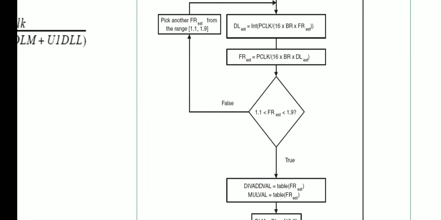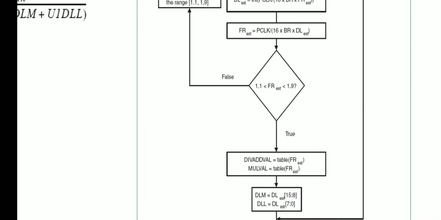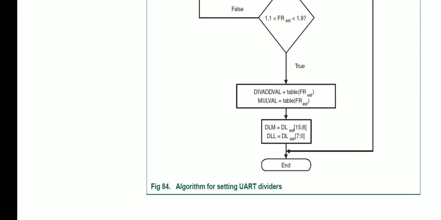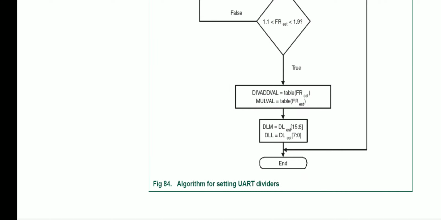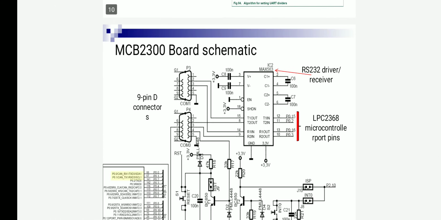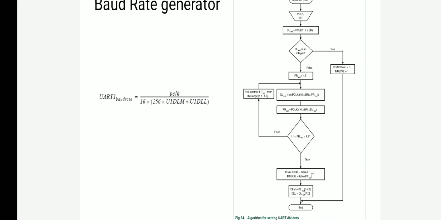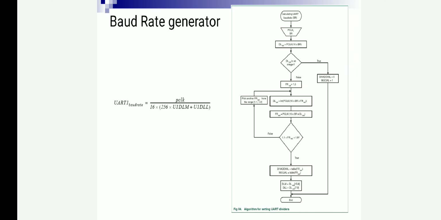If this FR estimated lies between 1.1 and 1.9, if this is false, then the process is repeated, and if this is true, then finally we can calculate the DLM and DLL. In this way we can generate the baud rate produced by the baud rate generator. So this is a short description of the UART protocol. Thank you for listening.